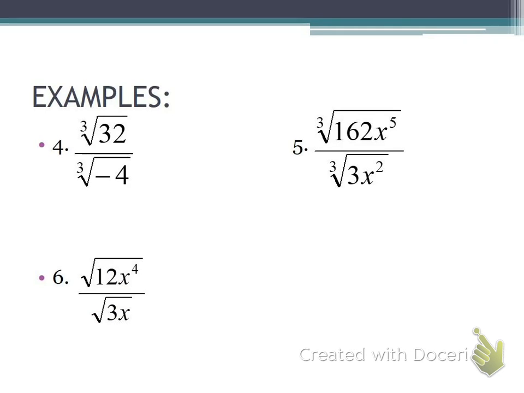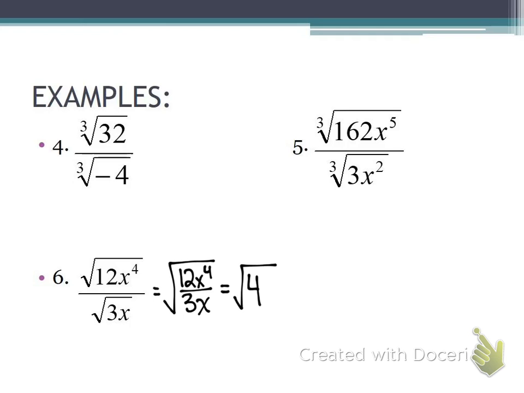This time we are taking square roots. So we are going to write one big square root sign. And then we are going to have 12x to the 4th over 3x underneath our square root symbol. Simplify underneath the square root symbol first. 12 divided by 3 is 4.